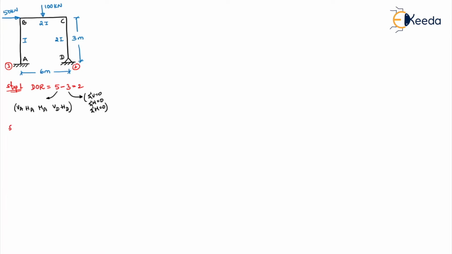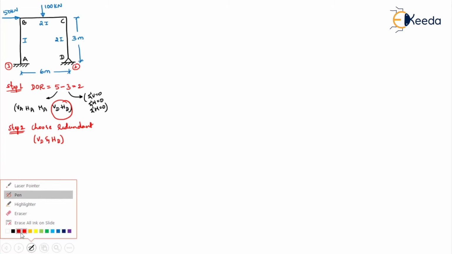Then moving on to step 2, you have to choose the redundant. So what I will do is, 2 is the degree of redundancy. So we have to choose 2 redundants. We'll choose these two at D. Okay, so we'll choose VD and HD as redundant.